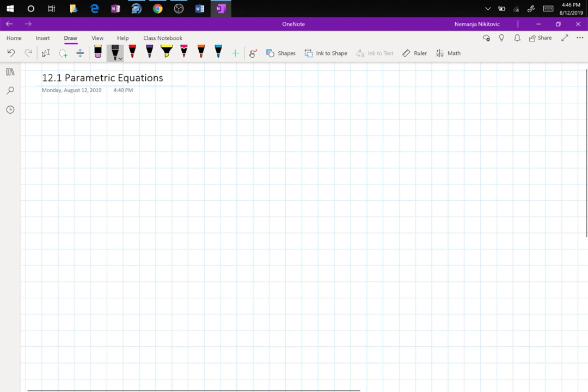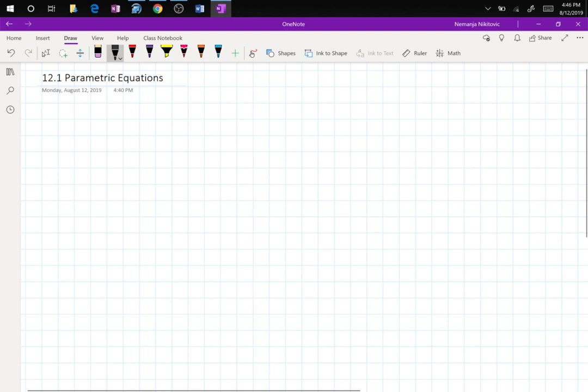So parametric equations are sets of equations where we use a common parameter which allows us to disassemble and break up dimensions so that each dimension has its own equation. I'll give you an example immediately.